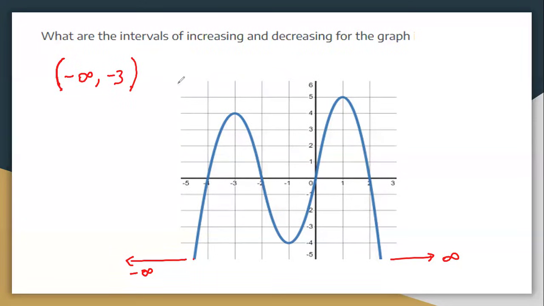When I say union, it means that another interval that increases is between -1 and 1. Don't use these brackets here. These brackets mean inclusivity, that whatever you are putting in is part of the solution. But here we are stating the interval between what and what.